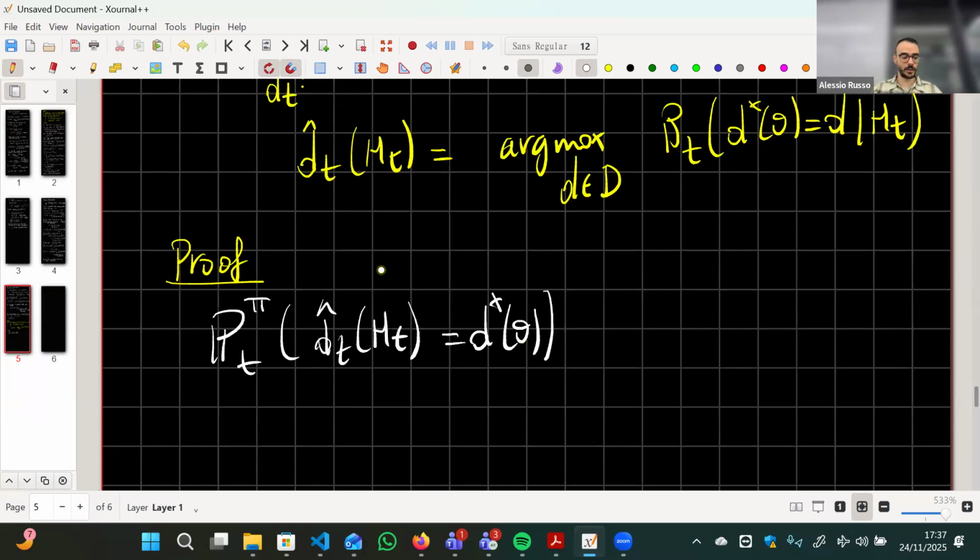The proof is simply based on rewriting the objective here. So what is this probability? The idea is that first we want to integrate over all the possible trajectories.